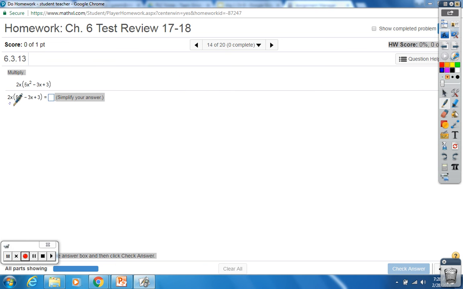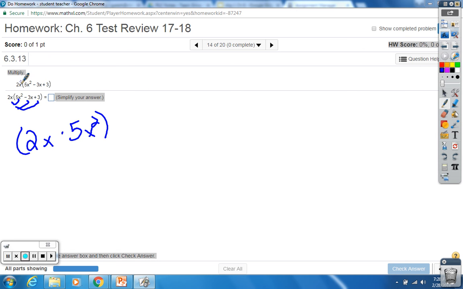Alright, so I got 2x multiplied by, and then in parentheses I have 5x squared minus 3x plus 3. So in this one, we're going to have to distribute that 2x to every term on the inside. So we'll have 2x times 5x squared, we'd actually have minus, because we have negative 3x times 2x.